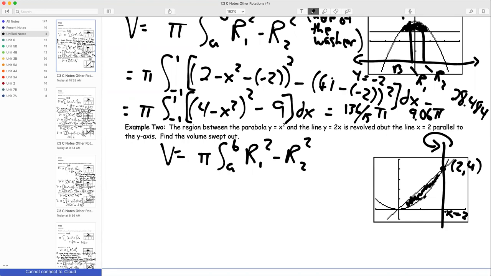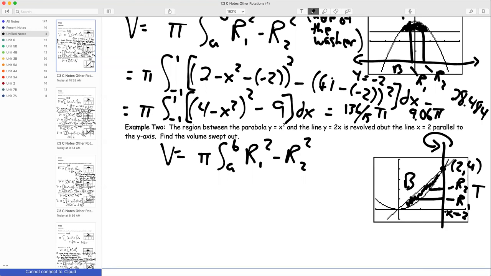I'm going to draw R1. R1 goes from the axis of rotation all the way through the shaded region. So that would be the linear function there. And then the whole of the washer goes from the axis of rotation to the parabola. That will be R2. And then I'm going to put a top and a bottom over there so that I don't get those backwards.